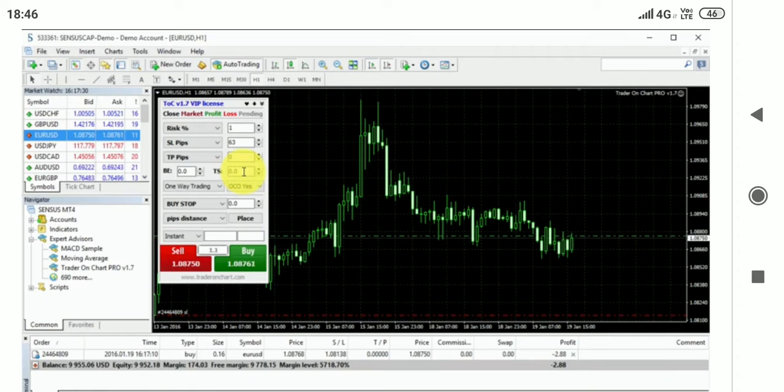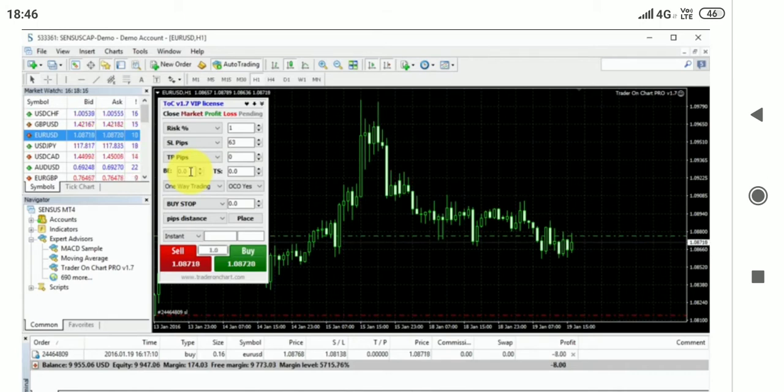Now, for trailing stop, it's quite obvious. If you don't know how trailing stop works, I won't go through the explanation in this video, just to make it short. But I will mention that break even works in a way that if your broker charges commissions, then Trader on Chart automatically calculates the size of commissions for your trade and the swap cost for your trade, and it will add a break-even point slightly above the open price.